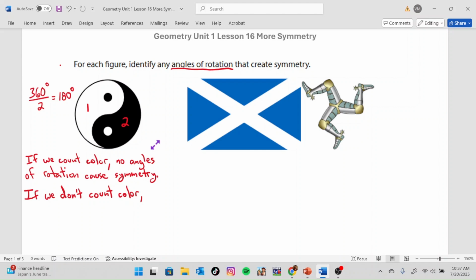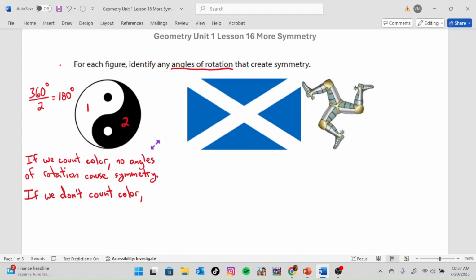If I rotate this symbol 180 degrees, either clockwise or counterclockwise, it doesn't matter, then not counting colors, the curve shape, the black one would go where the white one was, and the white one would go where the black one was, and the white and black dots would switch places. But since we're not counting color, this would be symmetrical.